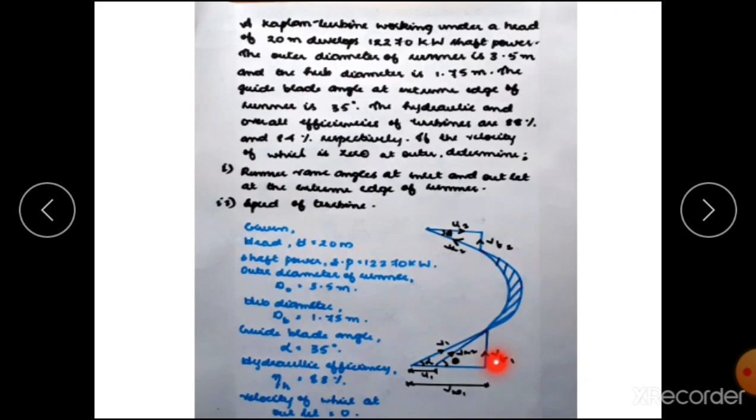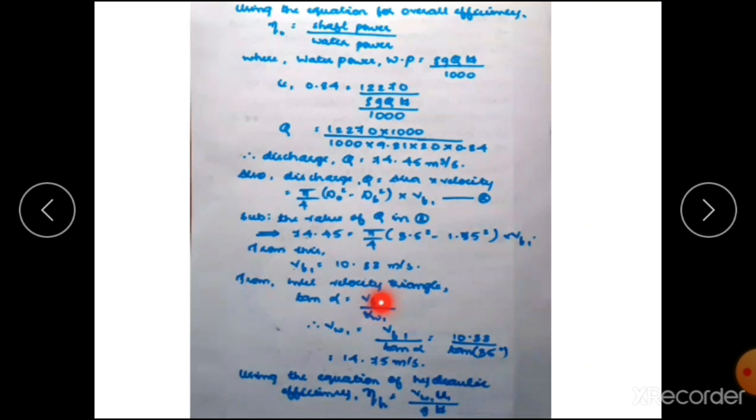From the inlet triangle, we get tan alpha as Vf1 divided by Vw1. By substituting the value of Vf1 and tan alpha as tan 35, we get Vw1, the velocity of whirl at the inlet, as 14.75 meter per second.